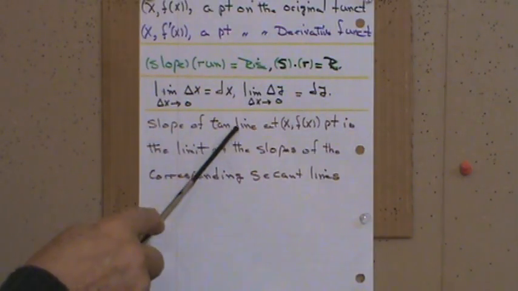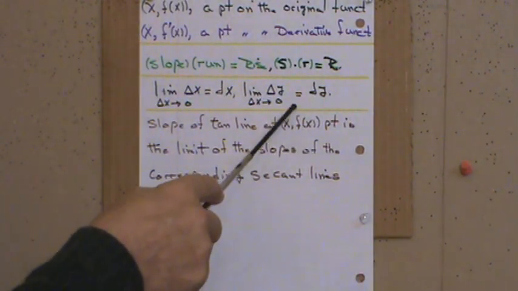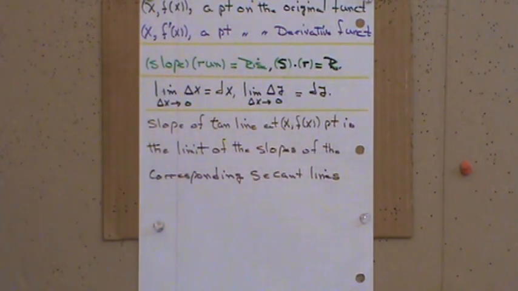The slope of the tangent line at x comma f of x, which is a point on the mother graph, f of x, is the limit of the slopes of the corresponding secant lines. So please pause, look at it carefully, think, and contemplate before I go to the next.